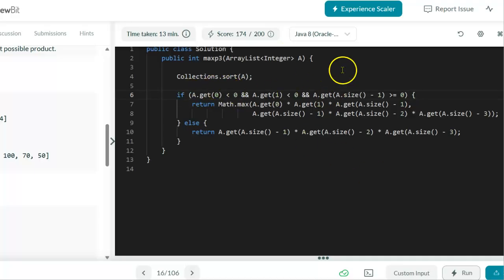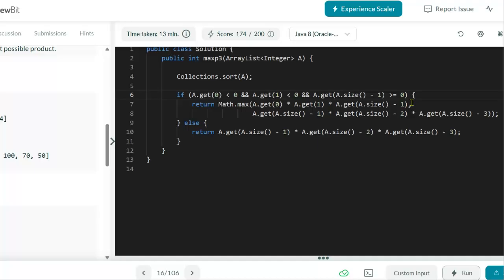So if this situation holds, 2 negative numbers at the start and a non-negative number at the end, then we've got to consider 2 possibilities. One is that we multiply the two negative numbers at the start of the list and the number at the end of the list, which is going to be a positive number.